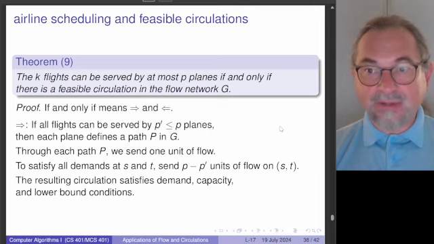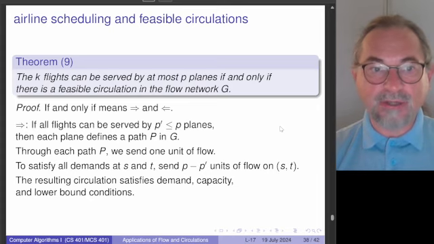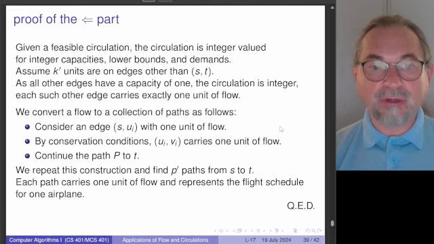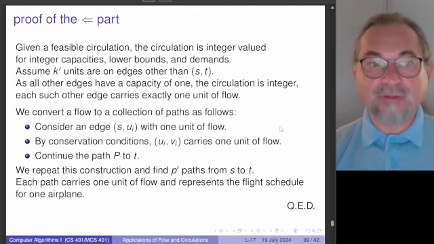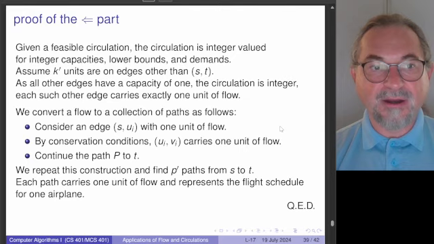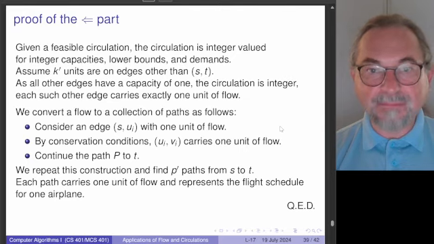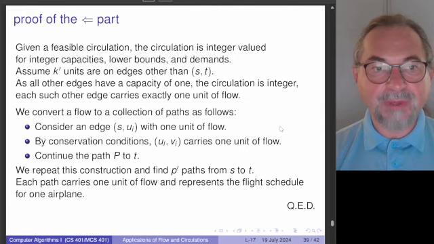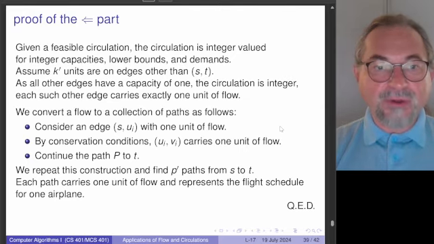Okay, if we can serve K flights with at most P planes, we do have a circulation. If we have a circulation, do we also then have a schedule? Do we actually know that P planes will suffice? So how are we going to do this?